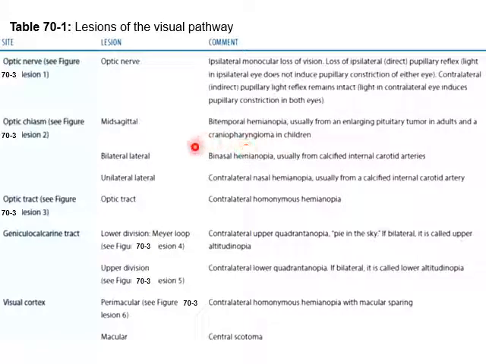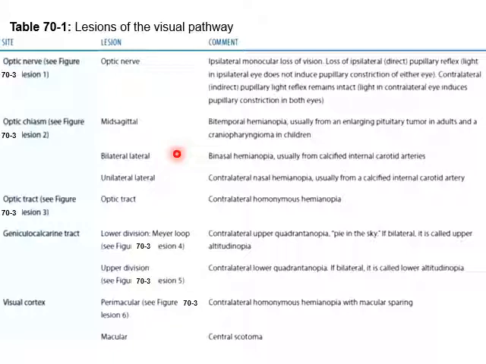Another thing that can happen at the site of the optic chiasm is bilateral lateral damage. That means the optic chiasm is damaged from both sides, from the lateral side of the optic chiasm. What is present on the lateral side of the optic chiasm is the internal carotid arteries. So the internal carotid arteries can get calcified or get an aneurysm and put pressure on the sides of the optic chiasm.